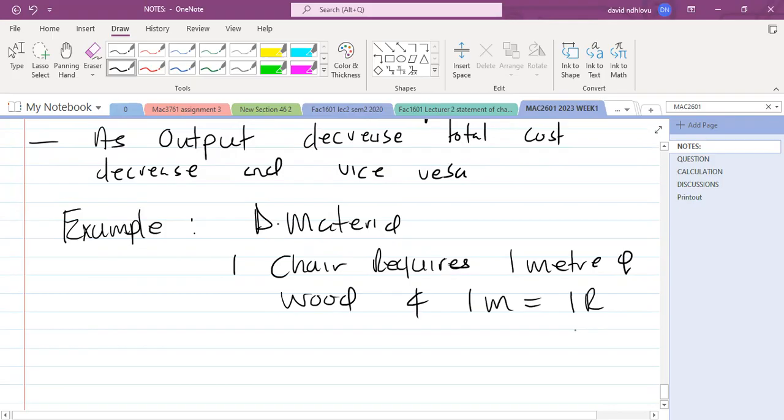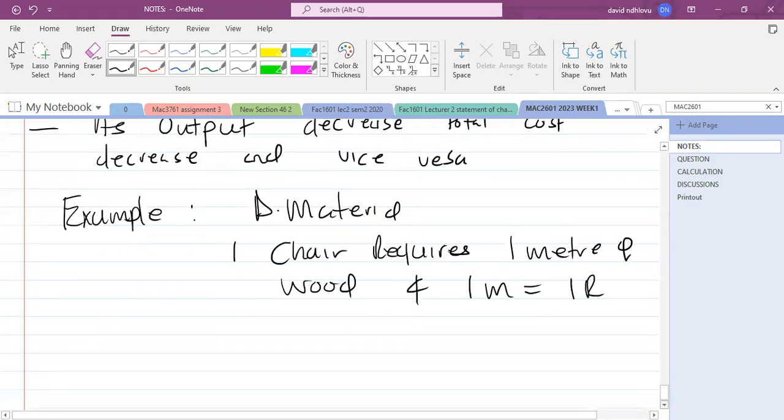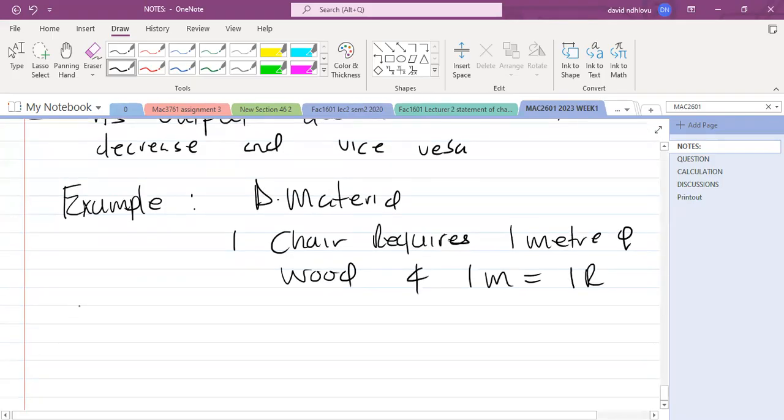So I'm just simplifying, cost R1 so that we have simple calculations. Then we can have our output. Then we can have cost per unit, which is cost per chair. Then we can have the total cost.